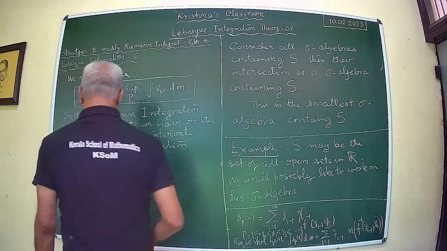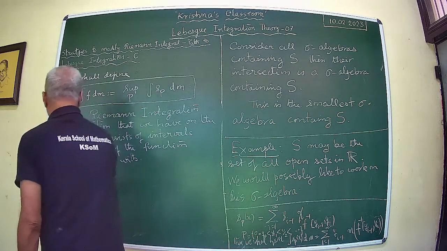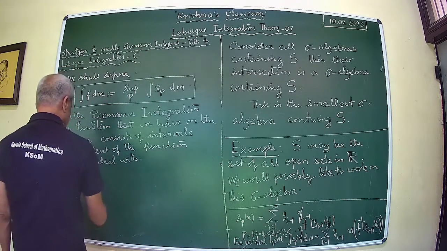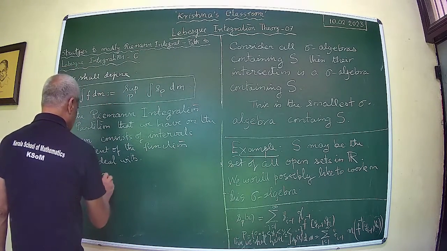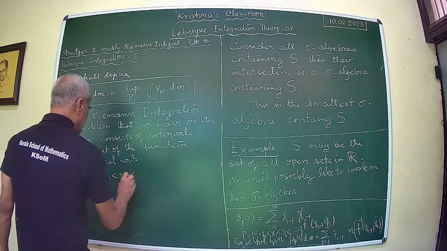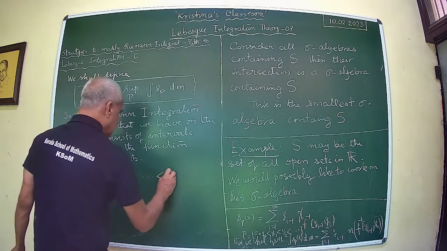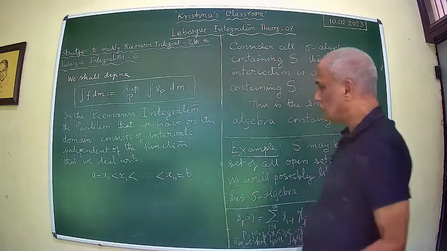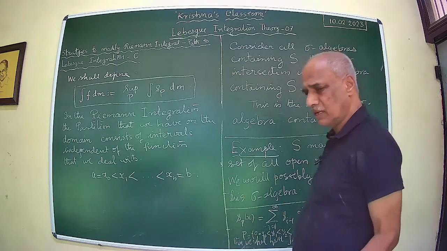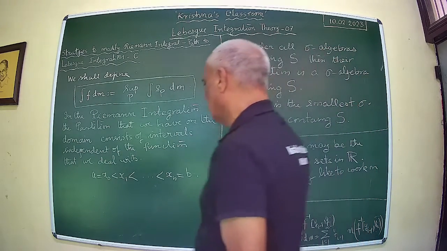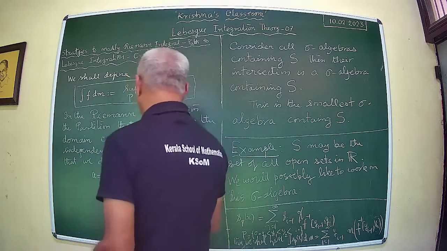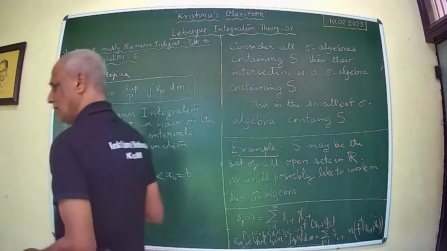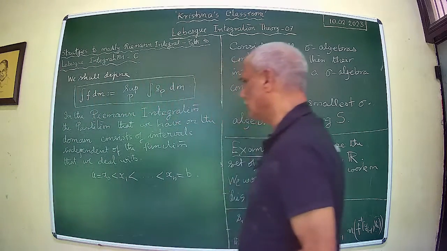That is, f has no role to play in constructing these intervals. So we have a = x_0, x_1, and so on, and then throughout the working, we need only work with the length of x_{i-1} to x_i for the values of i that come.